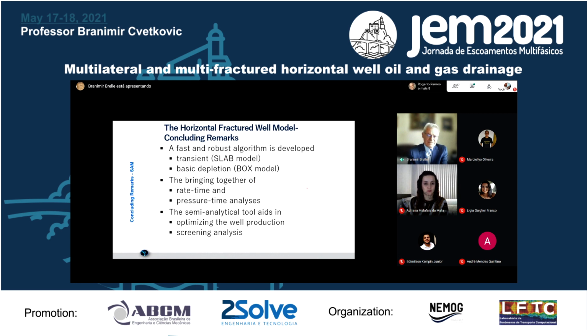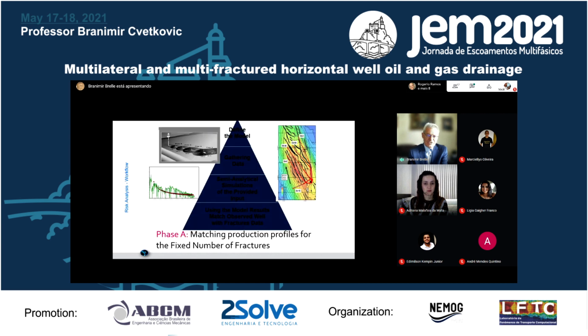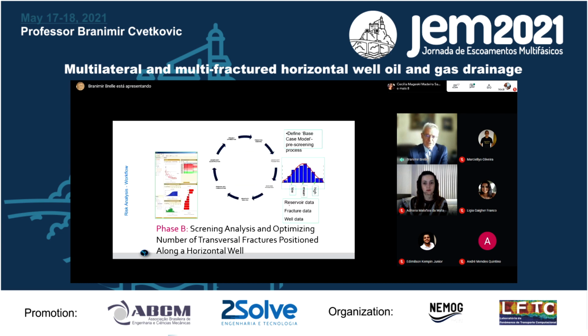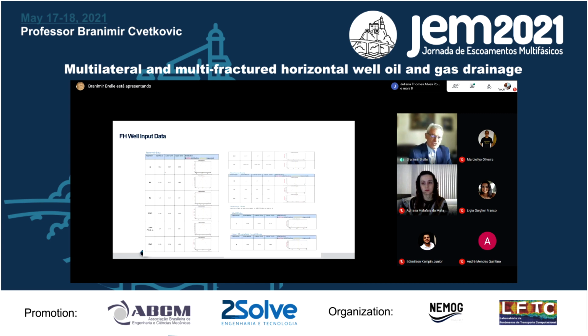It is transient and then depletion. And then, of course, once you have a simulation of the model, you can easily use such a tool for very fast simulation. So you have just to make that can be Monte Carlo simulation. You will have reservoir data, fracture data, and well data, and then you have to make a certain number of fractures, and then you have to make variation of each input parameter.